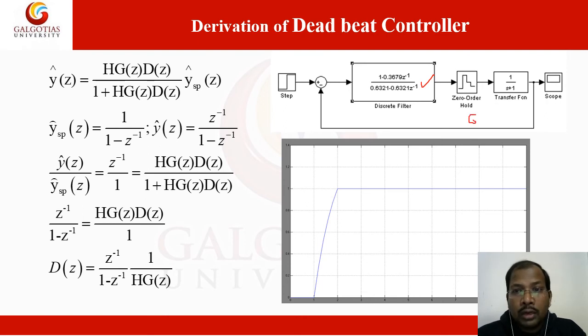We have to calculate HGp of z. We already calculated Gp of s in the previous example, so we put it in and calculate G of z. Here we get this formula and put it in and sample. You can see that we have introduced 1 unit delay. The output goes to 0, then it starts to reach 1 again after 1 unit.